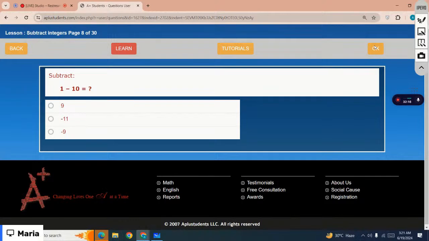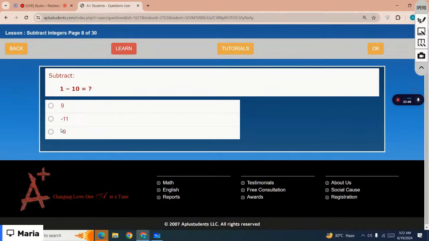1 minus 10, which is the correct option? The correct option is -9.